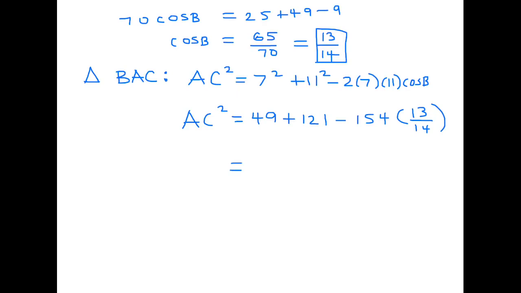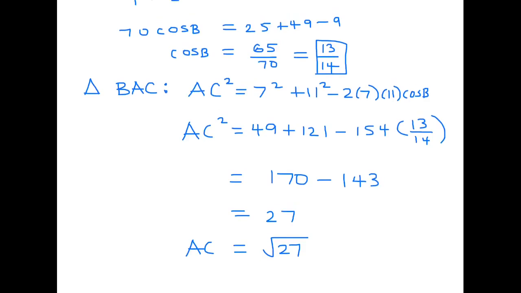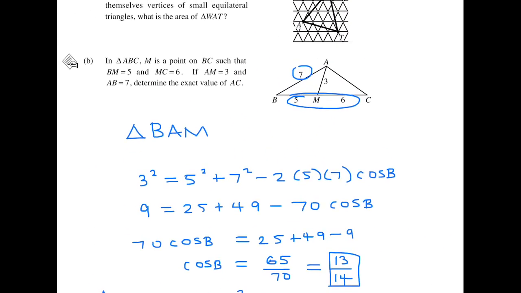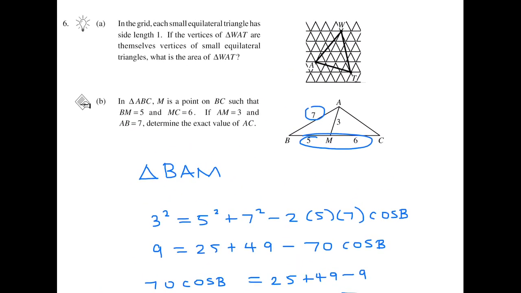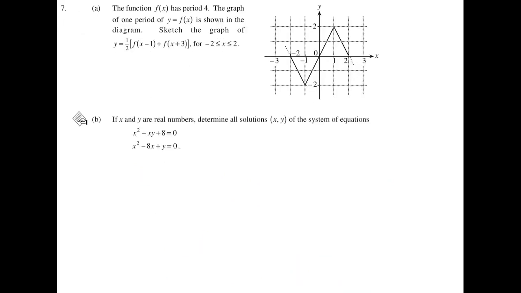This looks like 170 minus 143, and that's 27, and therefore AC is equal to the root of 27. So that completes number 6.